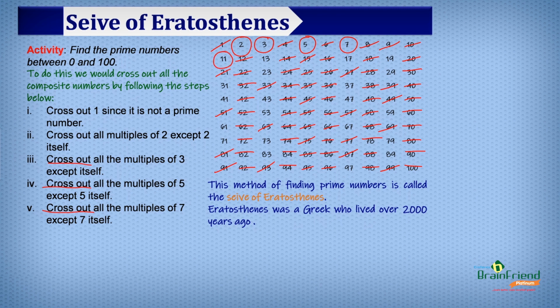We have 5, 6, 7, 8, 9, 10, 11, 12, 13, 14, 15, 16, 17, 18, 19, 20, 21, 22, 23, 24, and 25.